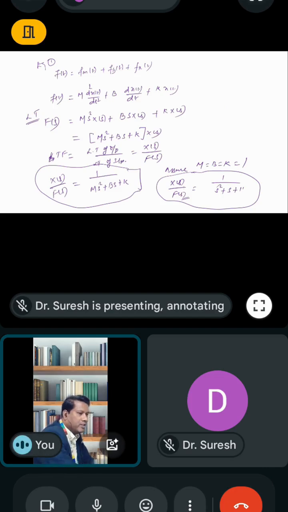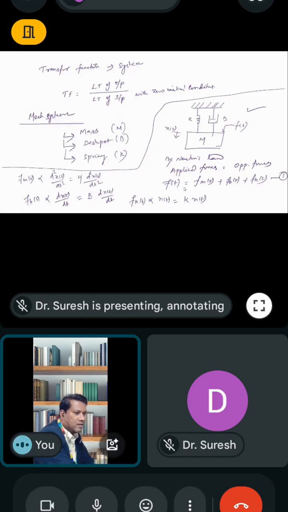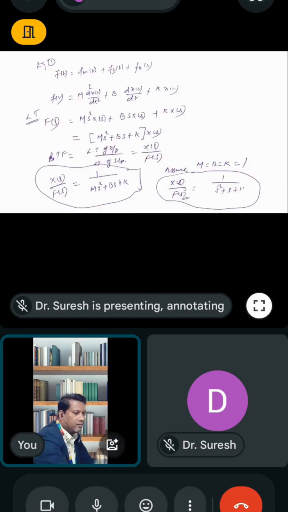I hope everyone is clear what is a transfer function, what are the basic components of a mechanical system, and how to derive a simple transfer function for a simple mechanical system. Is it clear? Fine.